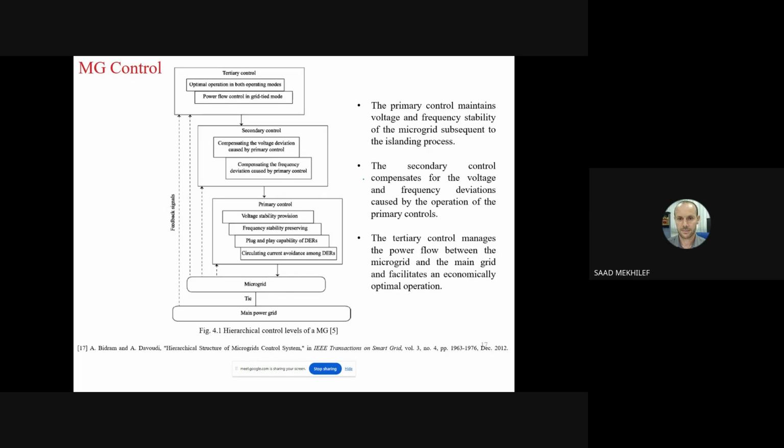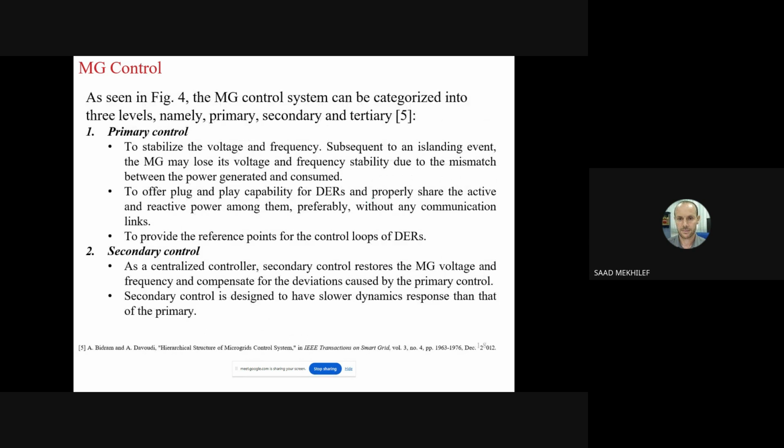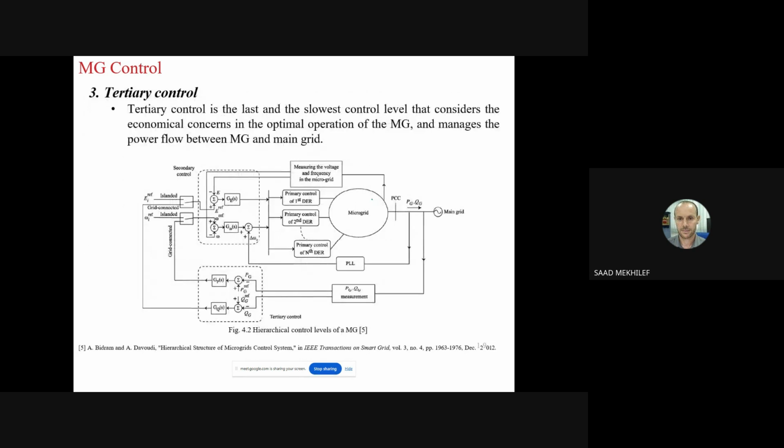The secondary control looks into compensating the voltage deviations and the frequency. Then we have the primary control, which handles voltage stability, frequency stability, and plug and play capability of distributed renewable energy systems. We will come to this later.